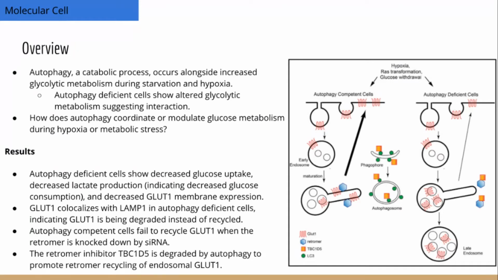So when autophagy was defective, the TBC1D5 retromer inhibitor was escaping degradation, and it was constitutively inhibiting the retromer and preventing GLUT1 movement to the membrane. So autophagy is critical to the degradation of the retromer inhibitor and the recycling of GLUT1 back to the surface of these glucose-starved cells.